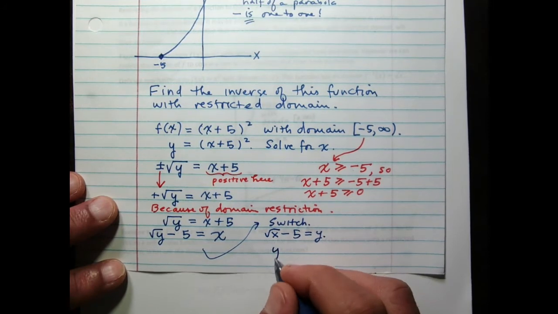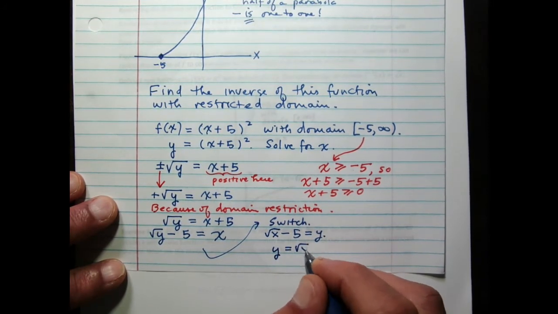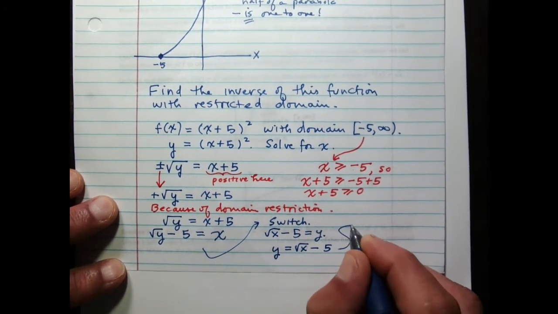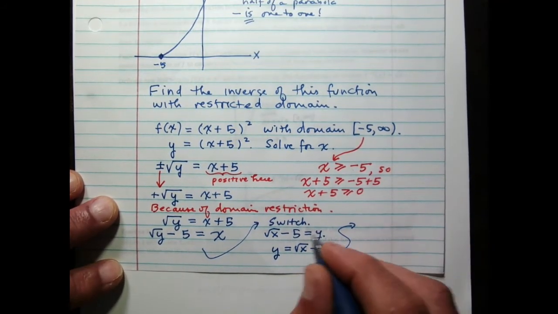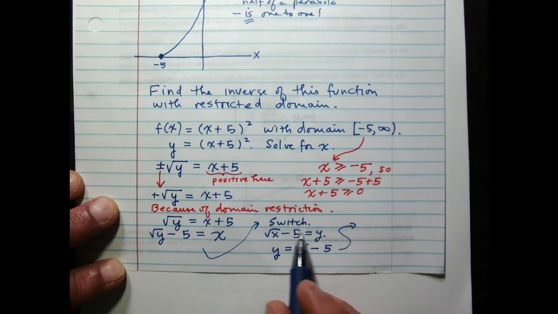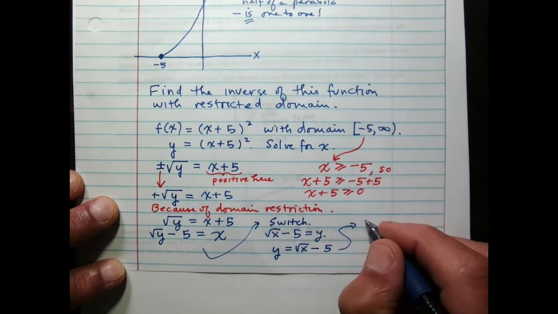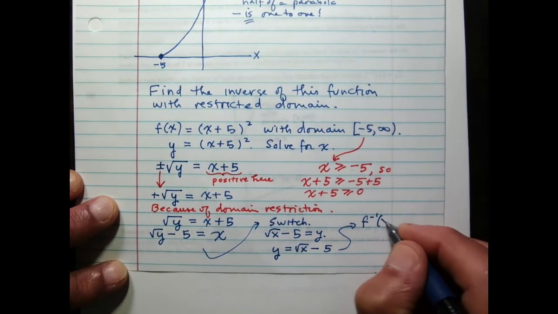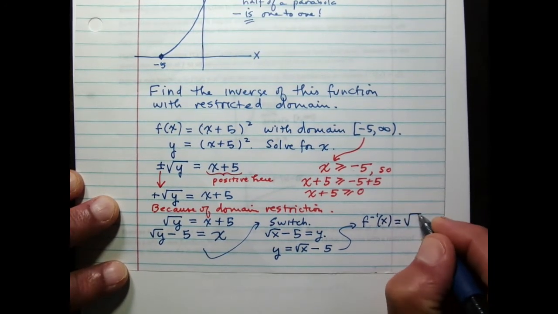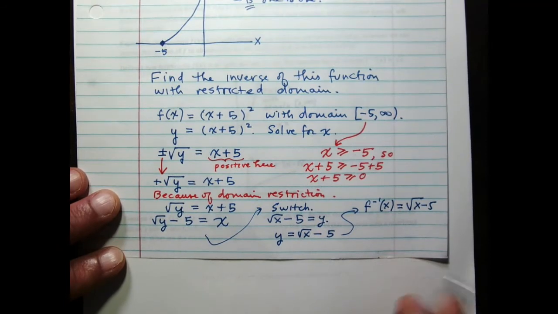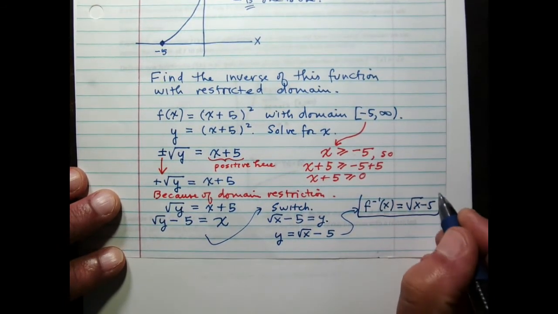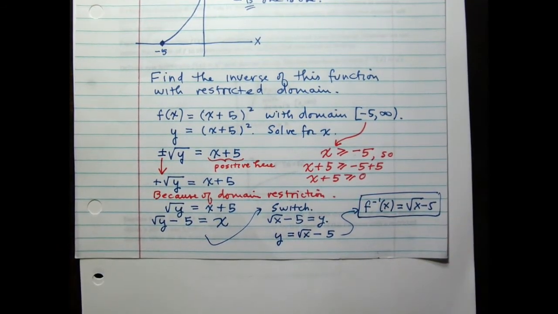Let me rewrite this as y equals the square root of x minus 5. I just want to write y in front, so no manipulation there. I'm just rewriting the equation. And then f inverse of x is the square root of x minus 5. Okay, so we found our expression for the inverse function.